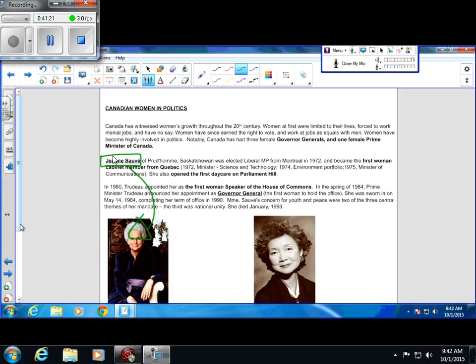Well, basically, she was the first woman in Canadian history to become the Governor General of Canada. She was the first woman Governor General in Canada. That's what made her important.